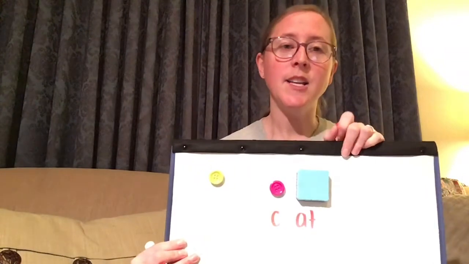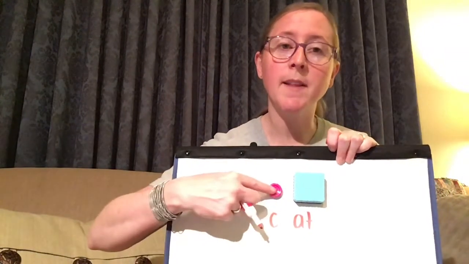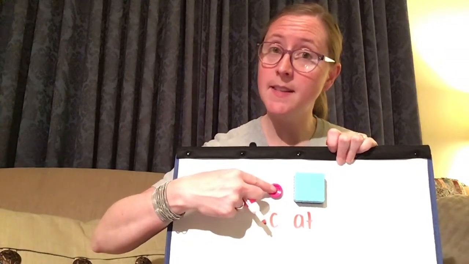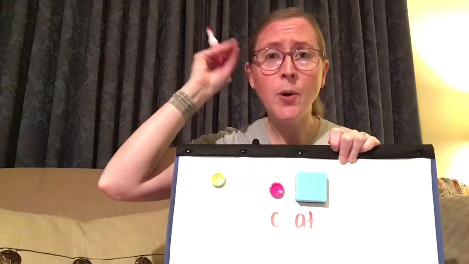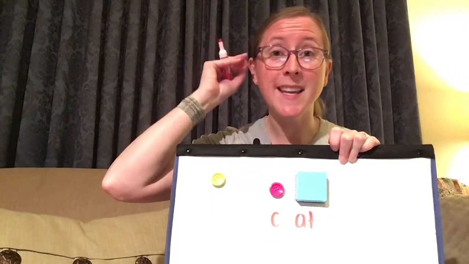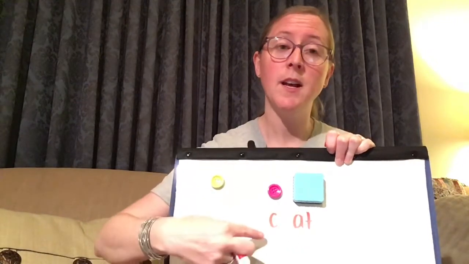And just like before, I'm going to pull out our example from the word cat. Okay, remember we have the onset and we have the rime. In G2, we're going to be leaving the onset the same. So you're going to have to really hold on to that first sound that you hear and keep it in your head, because we're going to be changing the end of the word.